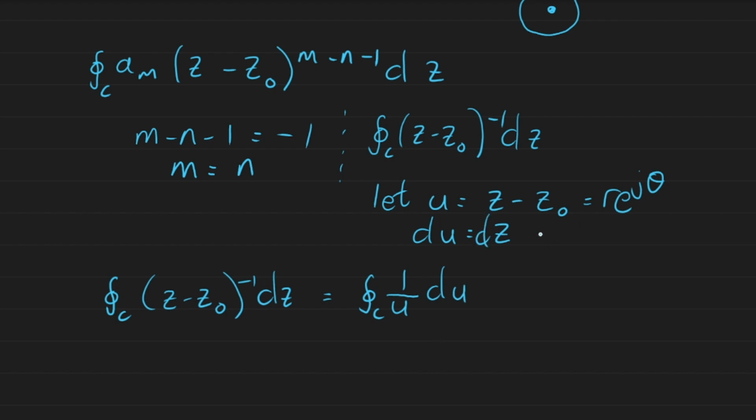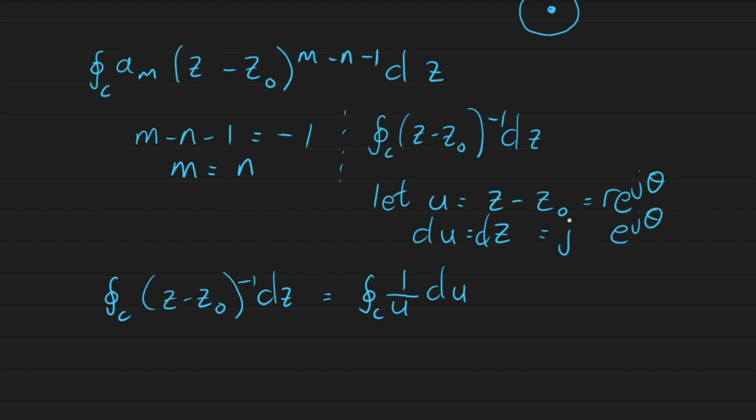If du is equal to dz, then du is also equal to the derivative of re^(jθ). If we take this derivative, the derivative of e^(jθ) is just e^(jθ). Remember, our changing variable here is θ. r is just a constant, and j is the square root of minus 1, which doesn't change. So θ is our variable, and jθ is our inside function, so the derivative of the inside function is just j.